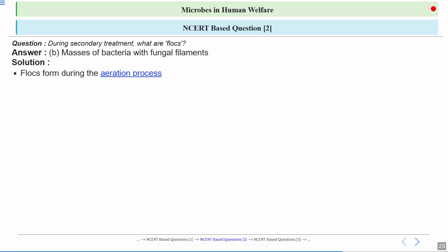Now these bacteria and some other microorganisms such as fungi clump together to form flocks. So these are known as flocks. They create mesh-like, web-like structures, bacteria along with the fungus.